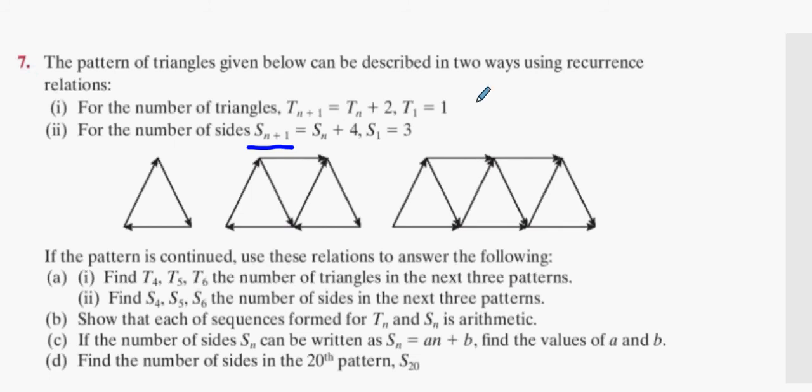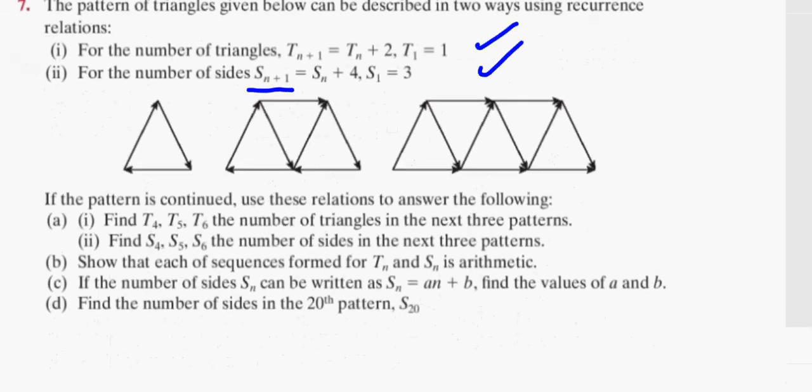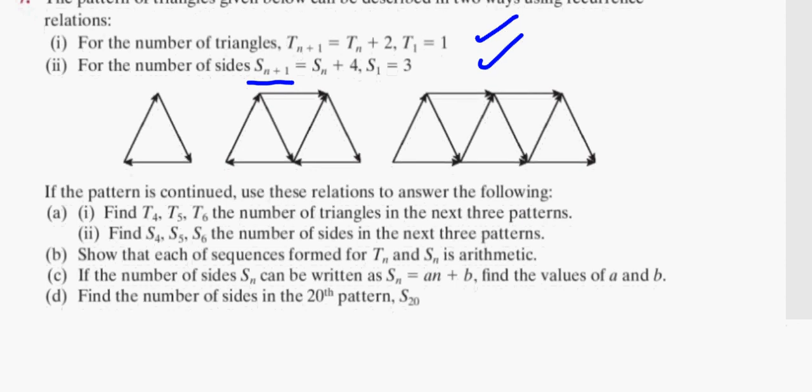Yeah, the two of them aren't questions, are they? They're just stating facts. Does everybody agree with that? It doesn't ask me to prove that. If the pattern is continued using these relations, answer the following. Find T4.